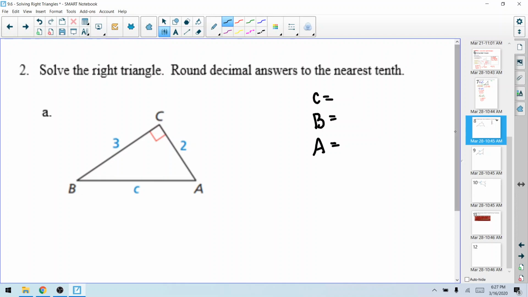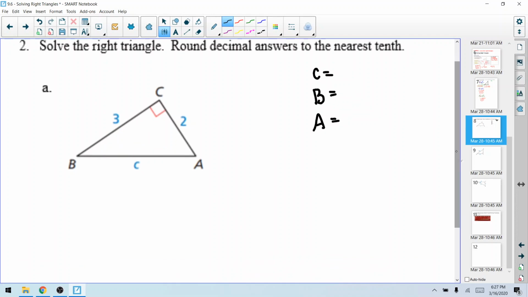I'm first going to look at it and go, okay, this is a right triangle, little side c is probably the easiest. We could use the Pythagorean theorem. So 3 squared plus 2 squared equals c squared. 9 plus 4 equals c squared. 13 equals c squared.